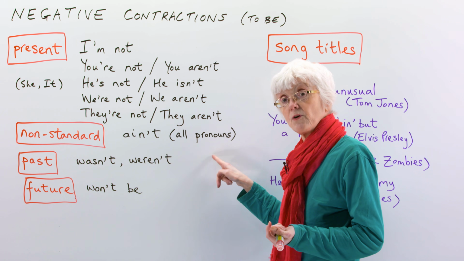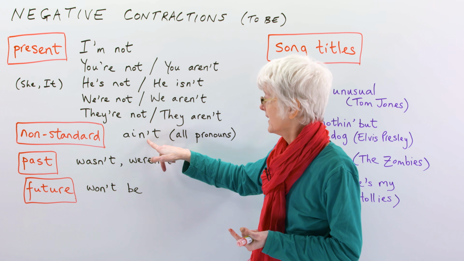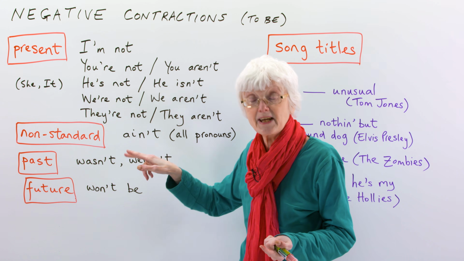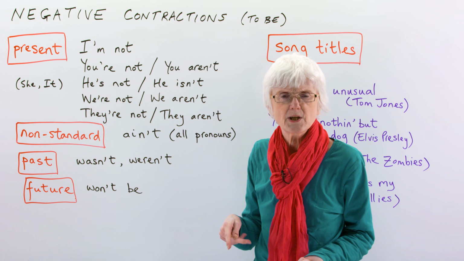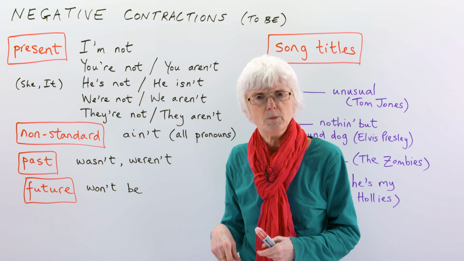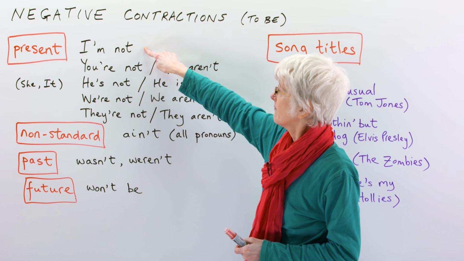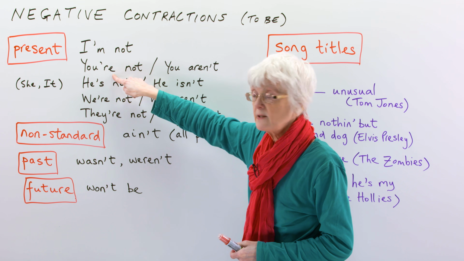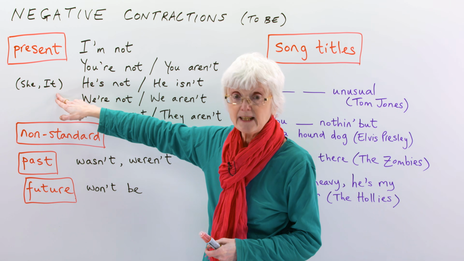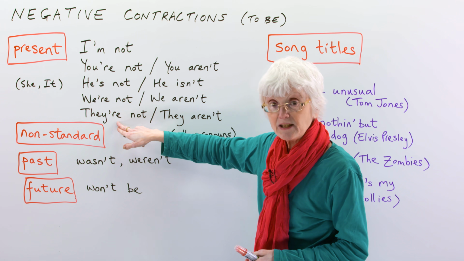And it can be used for all the pronouns, which is quite useful, really, that it doesn't change. It may be non-standard, but at least it doesn't change, so it's easy. Although I wouldn't advise you to use it because it sounds very casual, very informal. So you would say, I ain't, you ain't, he ain't, she ain't, it ain't, we ain't, they ain't.